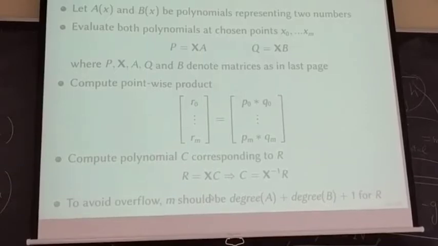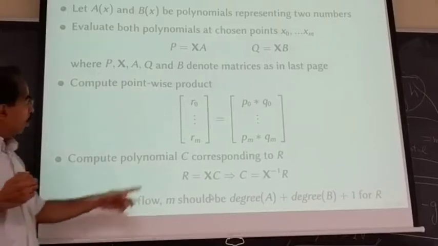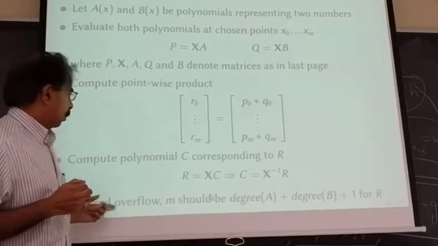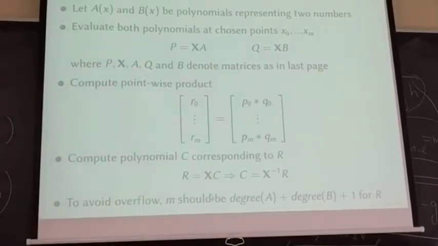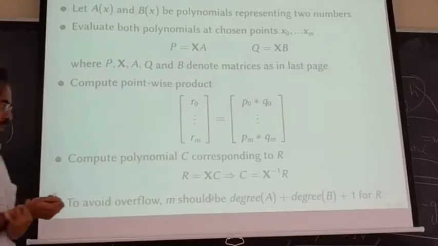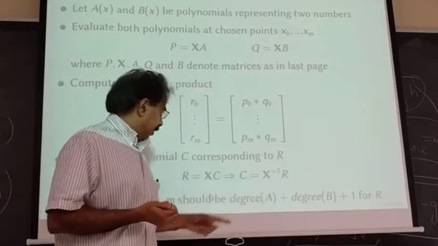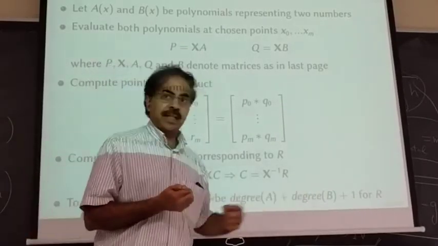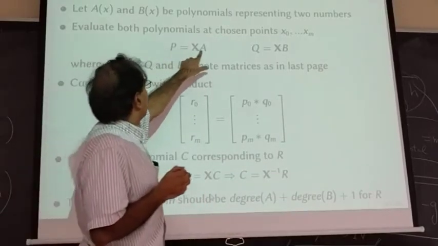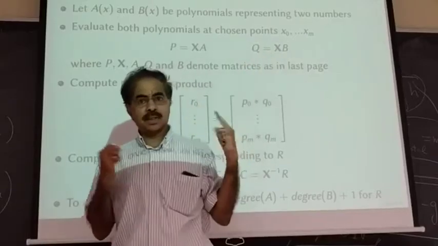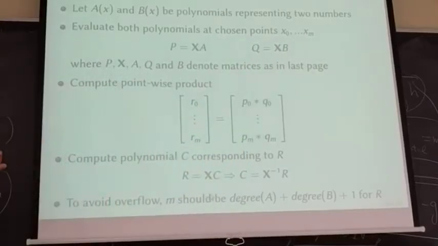So now let's see why we are doing this M. The point is that if you multiply two degree n polynomials, the degree of the resulting polynomial is going to be degree A plus degree B. So if this was an nth degree polynomial and this was an nth degree polynomial, the result is going to be a polynomial of degree 2n, which requires 2n plus 1 points, right?